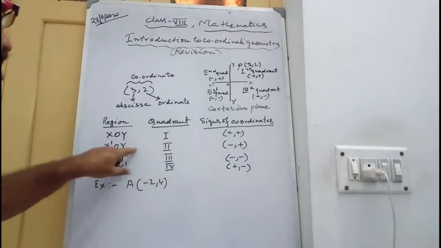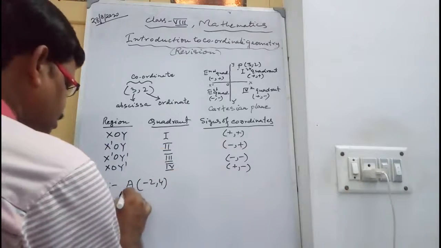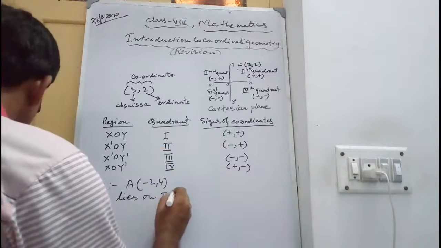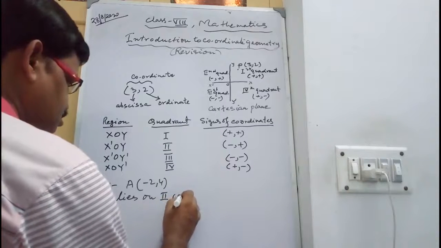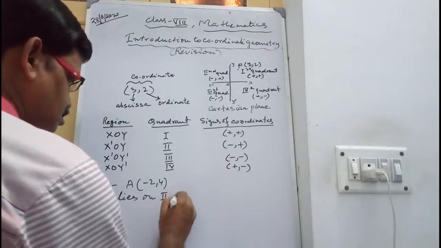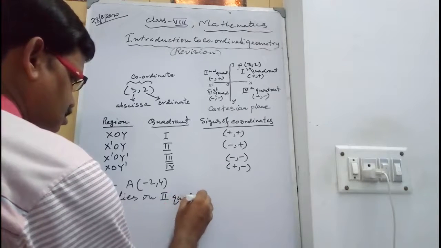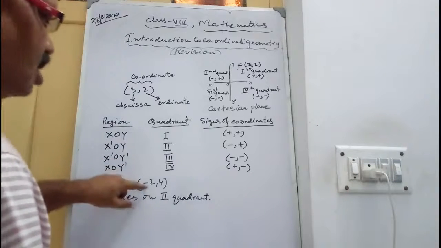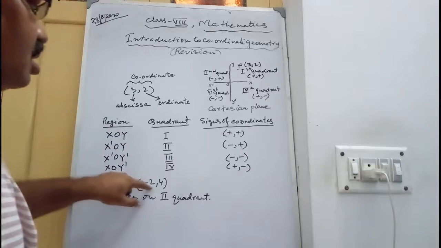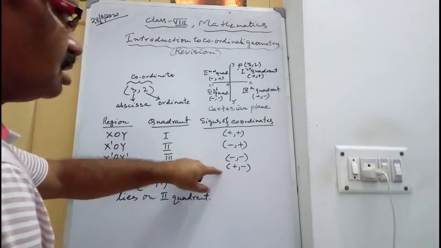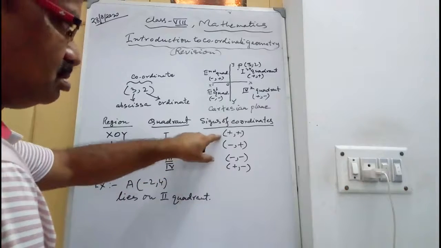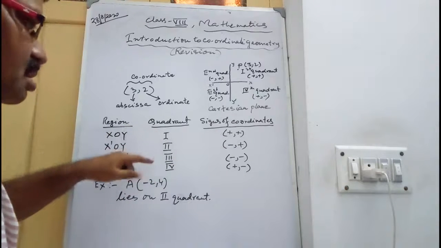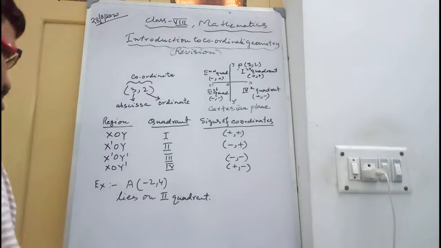So this point lies in second quadrant. In this way, whatever the point is given, according to the signs of the values of X and Y, you tell in which quadrant it is, either 1 or 2 or 3 or 4.